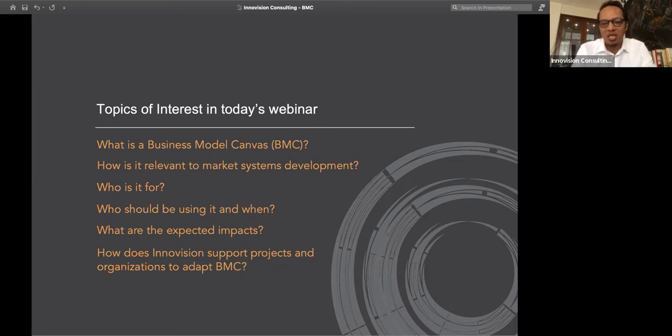We would also explain who it is for, how it can be used, and when. In short, what is this business case, and what would be the intended impact from the use of this business model canvas in designing market systems interventions. And finally, we'll briefly discuss how Innovision can help you in your endeavor.